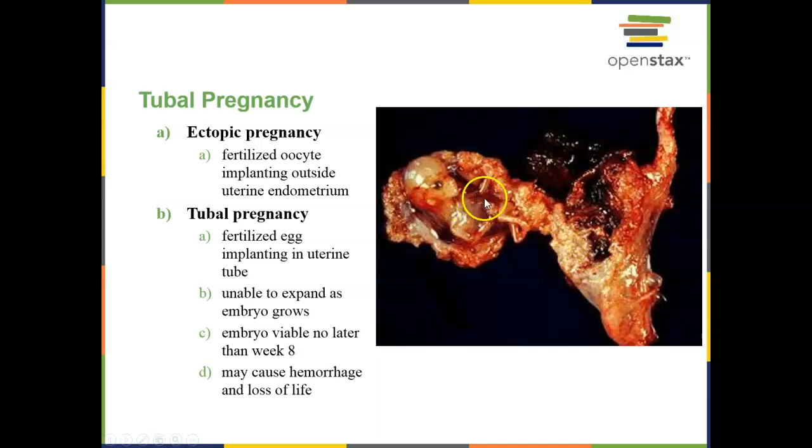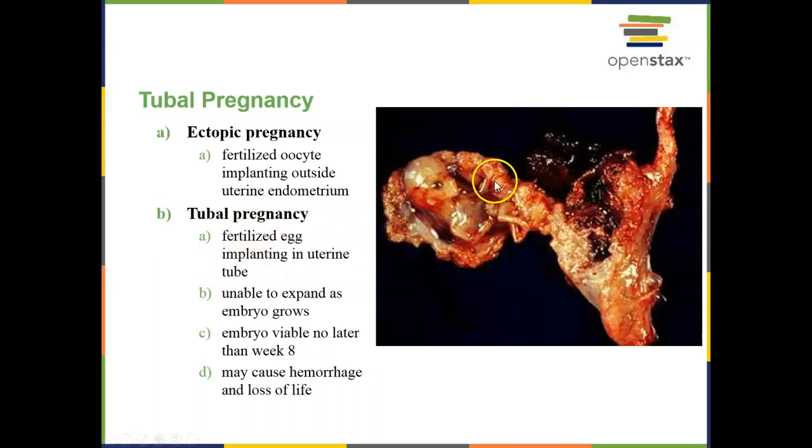If a blastocyst can't make it to the uterus for some reason, then it can embed in other tissues if it's fertilized. That causes a lot of problems because an ectopic pregnancy is always going to lead to a miscarriage and oftentimes can also lead to loss of life of mom as well.